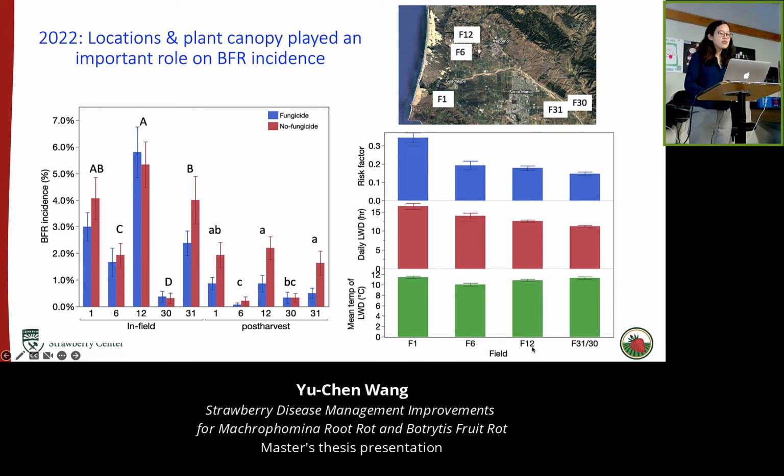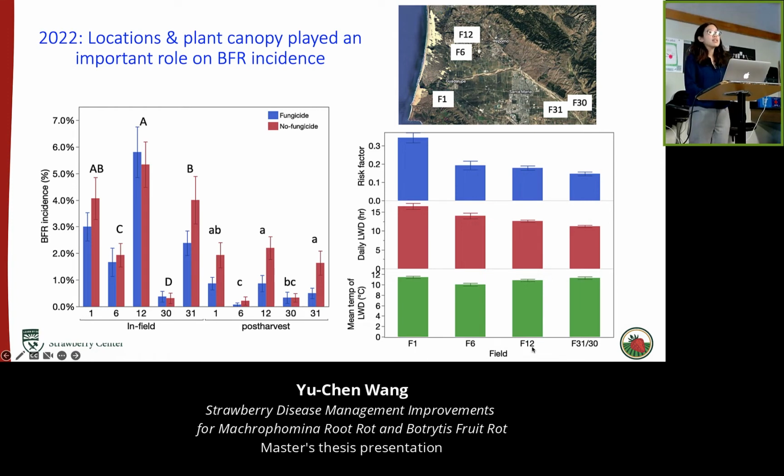For the in-field data, field 31, an inland farm, has the same disease level as field 1, which is a coastal, very wet area. And field 6, located in the coastal area, shows a very low disease level. Here we see the weather condition, the risk factor, is actually reducing as we go from the coastal to the inland.